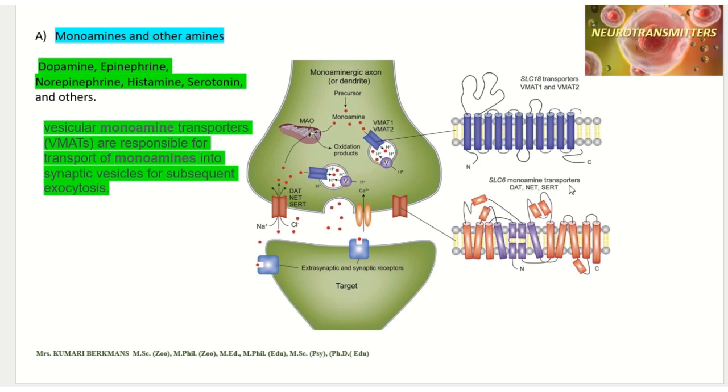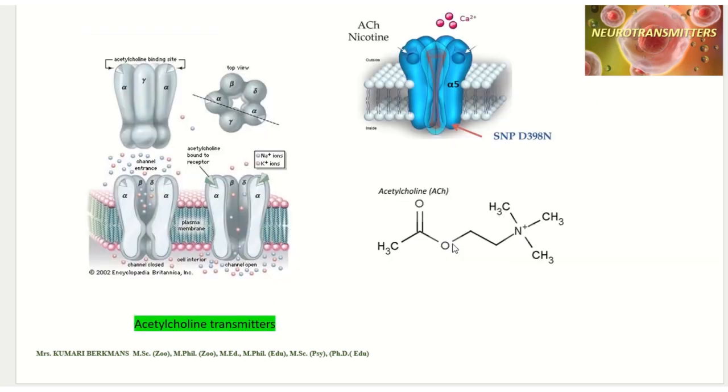Monoamine transporters are DAT, NET and SERT. Okay, so these names you have to keep in your mind, and VMAT as well as VMAT 1 and VMAT 2, that is vesicular monoamine transporter 1 and vesicular monoamine transporter 2. Okay, so keep this in mind, this is very important.